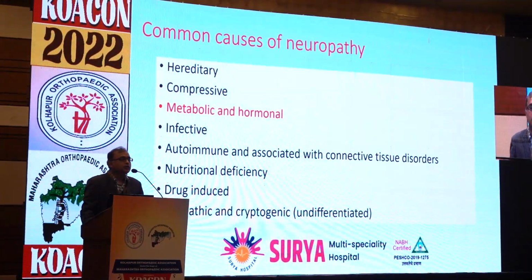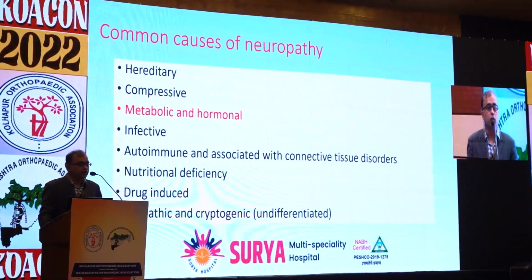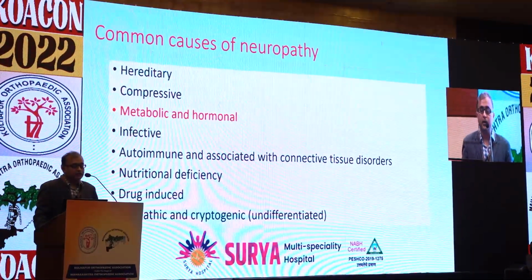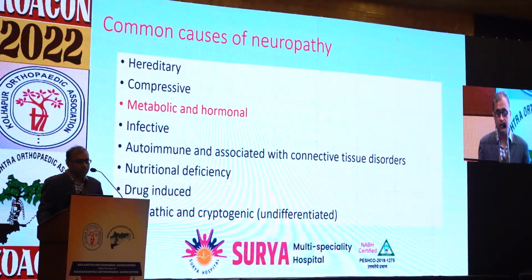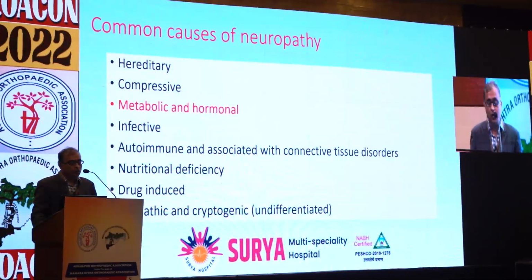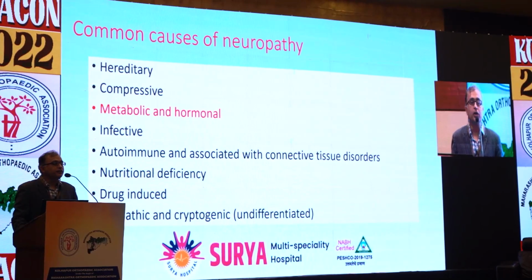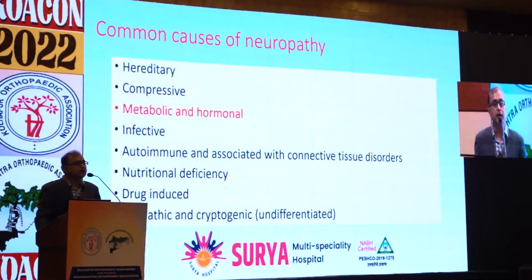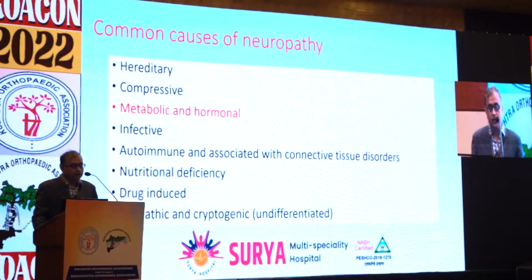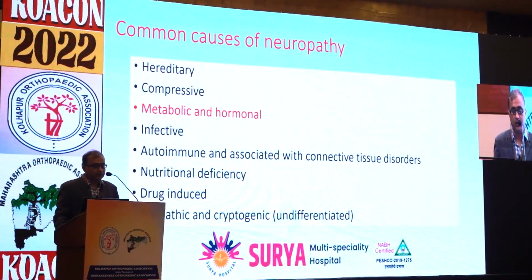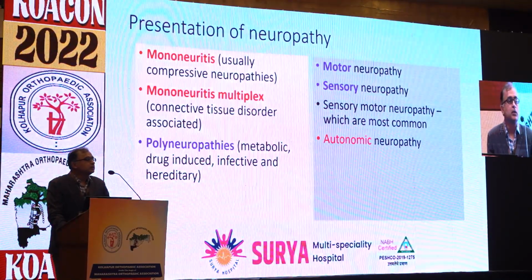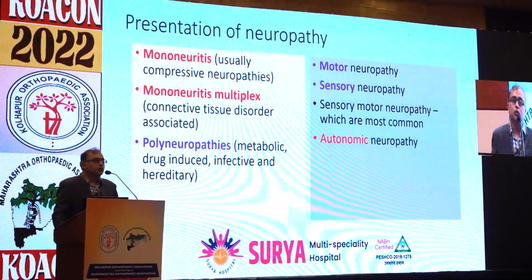So common causes to enumerate for neuropathy: hereditary, compressive, metabolic and hormonal, which we will be discussing, infective, autoimmune, nutritional deficiency, which usually are treated at the general practitioner level only, drug-induced, and the cryptogenic or idiopathic neuropathies. The neuropathies may present as a mononeuritis.